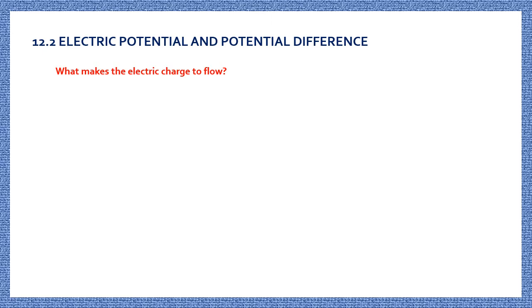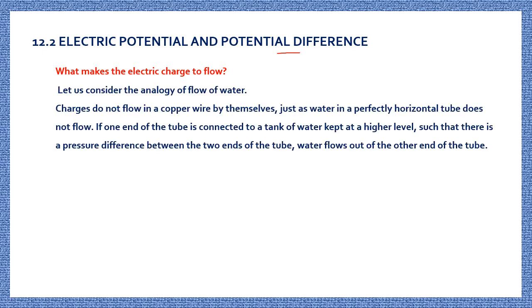Electric potential and potential difference. What makes the electric charge flow? See, that can be explained with the help of the flow of water. Charges do not flow in a copper wire by themselves, just as water in a perfectly horizontal tube does not flow.